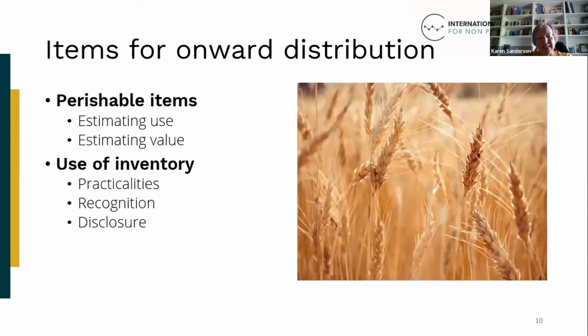But looking at other types of inventory, it might be difficult to prepare a reliable estimate for items received for onward distribution. And this might be the case even if the value of each item is known. Now that might sound strange, but some items may have a value when donated, but have a zero value if they can't be used by the NPO.